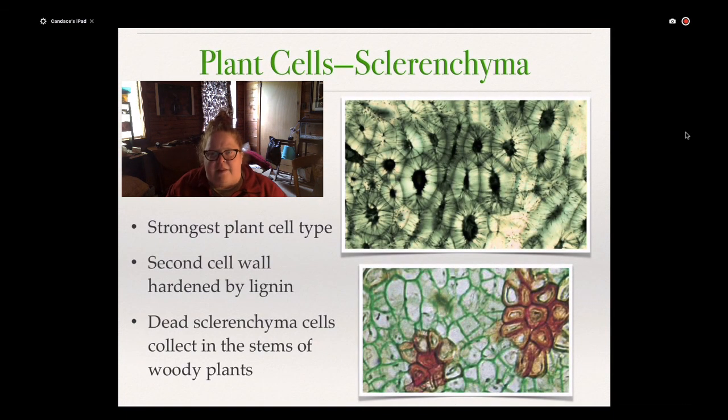Okay. And then the third type are called sclerenchyma cells. Sclerenchyma cells are almost exclusively found in woody plants. That's because they really start to have their functionality in the plant whenever they die. The only thing I can think of that's similar to this in animals is a callus.